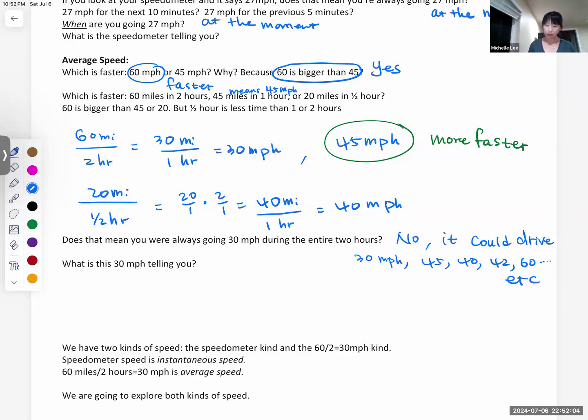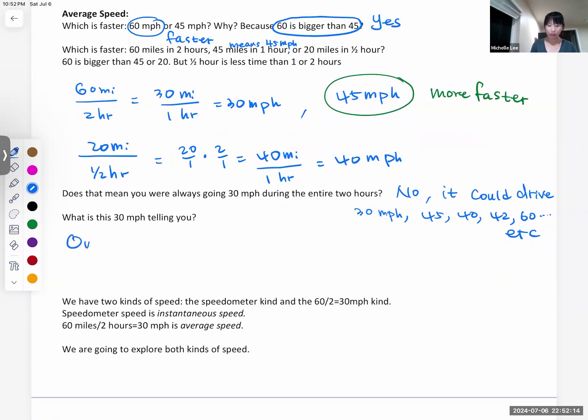So what is this 30 miles per hour telling you? It's the average. So on average, your speed was 30 miles per hour.